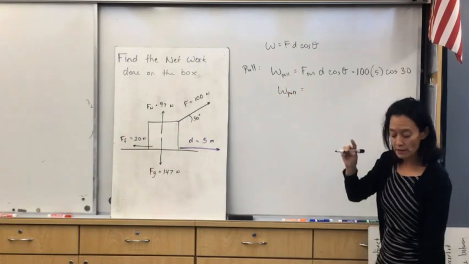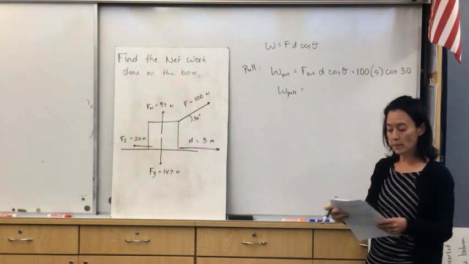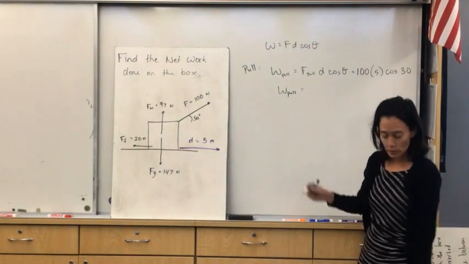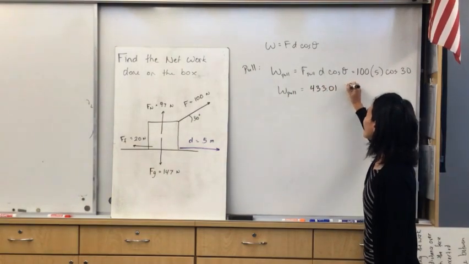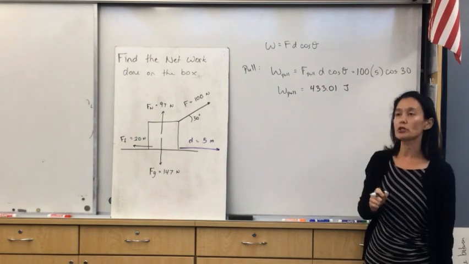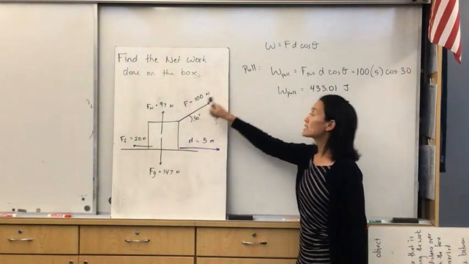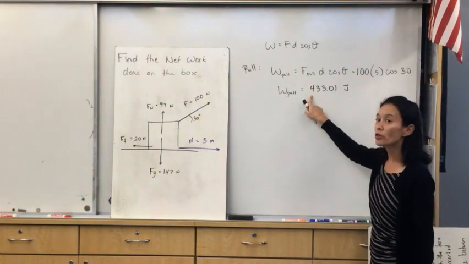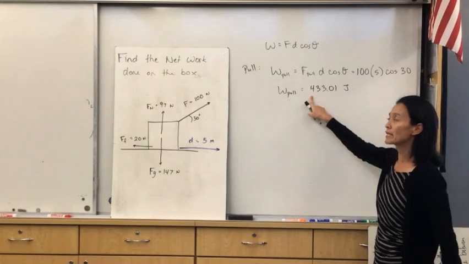Hopefully you pause the video, get out your calculators, and calculate it out. I have that it's equal to 433.01 joules, capital J for the symbol. So this pull is giving the box 433 joules of energy. It's what's causing it to move.